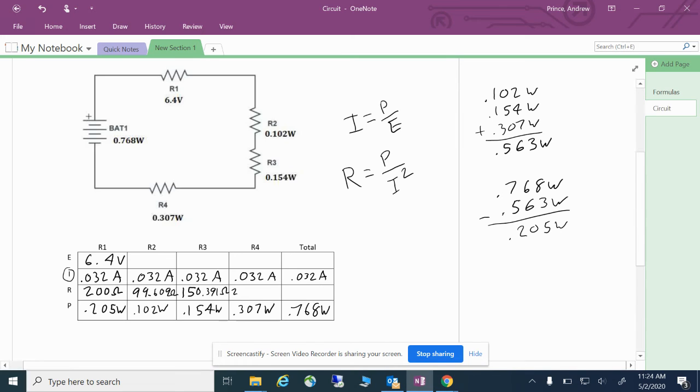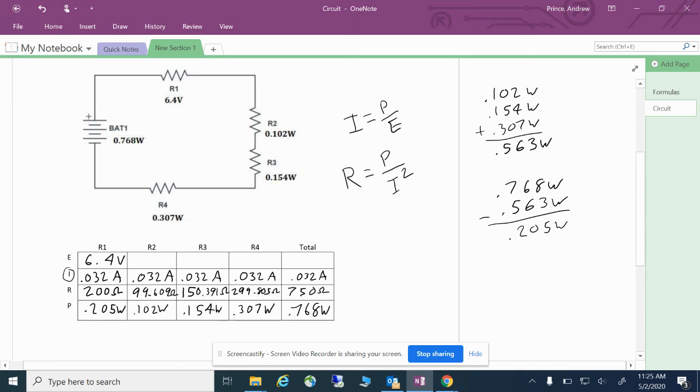It's going to give us 299.805. And our total, we can do the same thing. 0.768 divided by 0.032 squared. Our total is going to be 750 ohms.